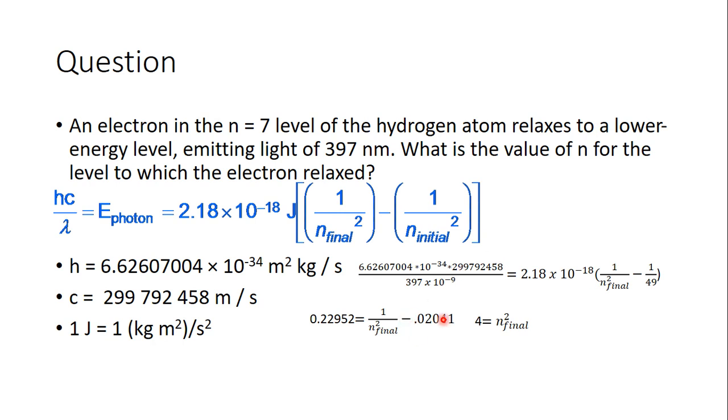And when I add to each side, then flip the fraction, I get 4 equals n squared final. Solve for n by square rooting each side, and I get 2.